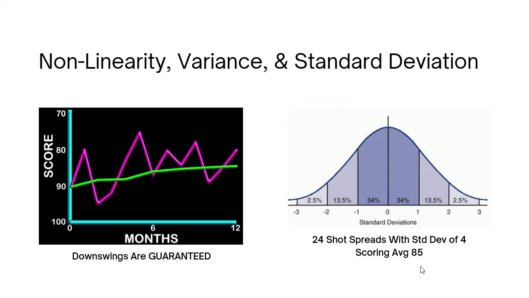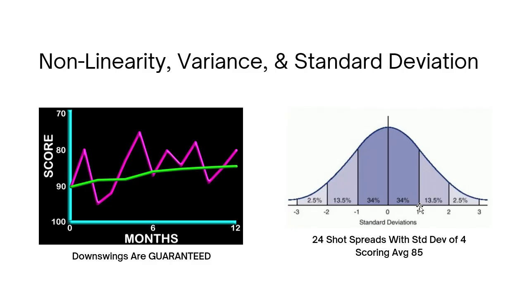If you've got an 85 average and you've got a standard deviation of 4, what that means is if we look at our bell curve in this dark blue shaded area, we see that 68% of our scores would fall between 81 (85 minus 4) and 89, right? That probably is a lot of you who are watching. These numbers aren't pulled out of thin air. These are based on real golfers.